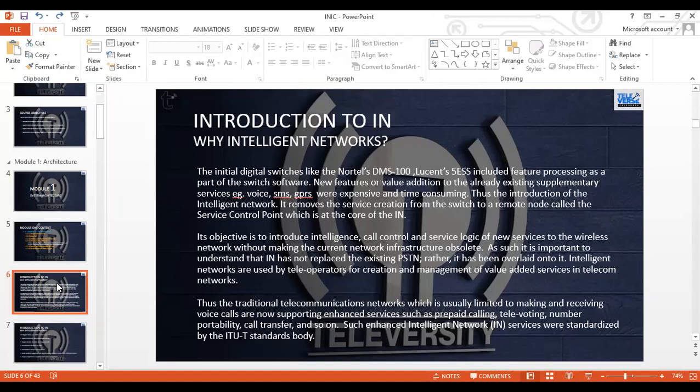The IN is more or less the node that handles this kind of intelligence, which allows the network operator to deploy a lot of services. So it even engenders competition. You see MTN rolling out some services. Maybe when you are at a particular location, your call is discounted.